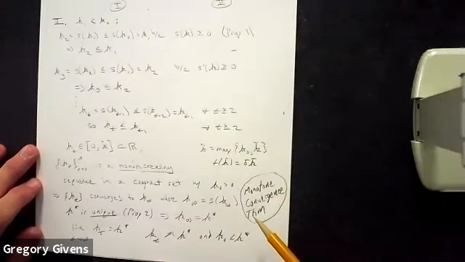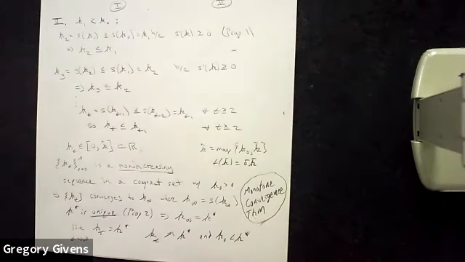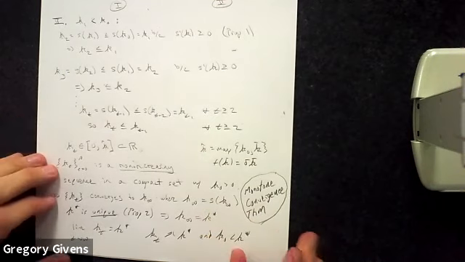Again, that is the monotone convergence theorem. If we've got a closed and bounded set and a sequence is decreasing on that set, then it has to converge to some limit point. Let's call it K infinity, okay?